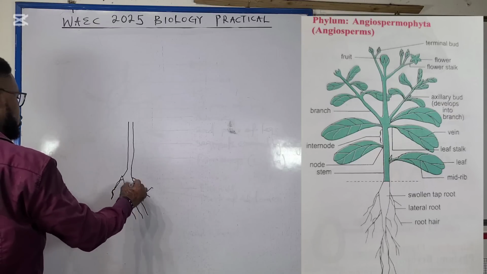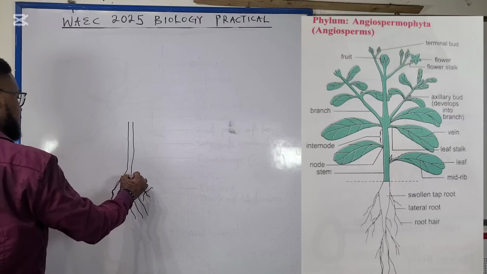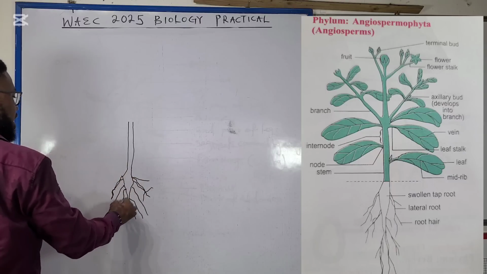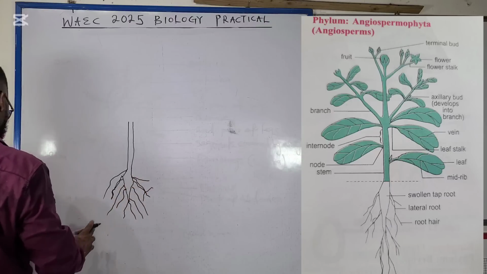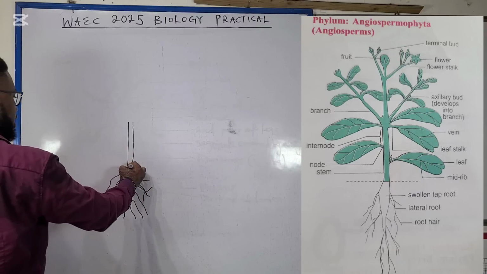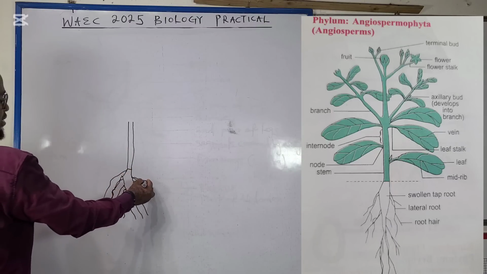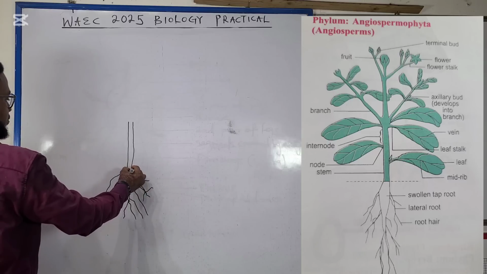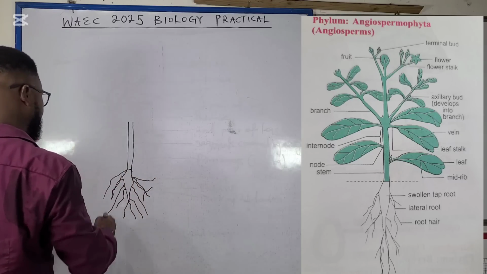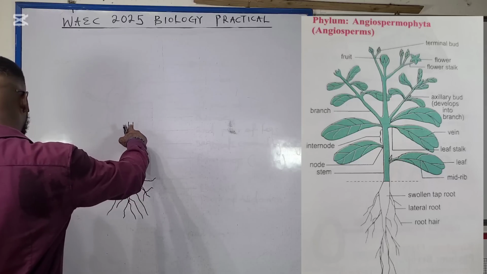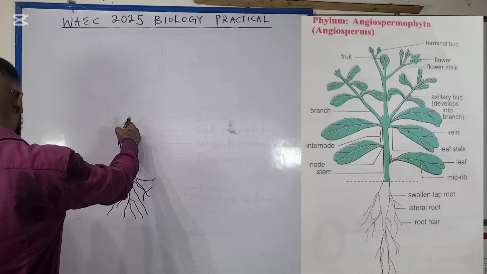It's a taproot, so the root must be there for efficient anchorage and water absorption. Now that we have this, we can continue here. Let's say the root part starts from here, and then the next thing is to work on this part.